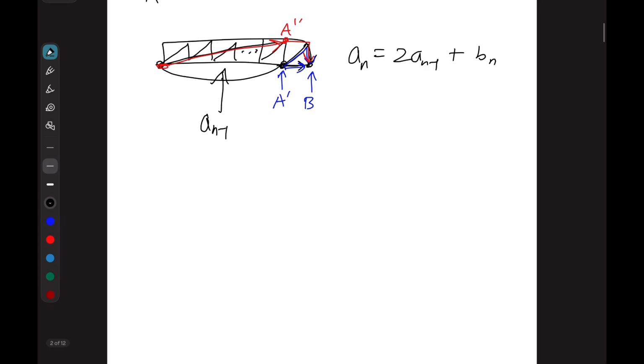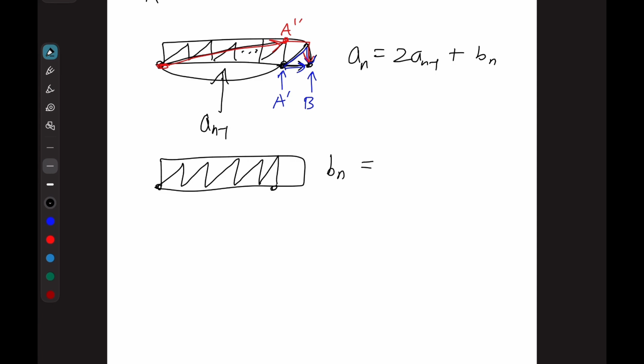Now let's do the same thing for B_n. Now, it starts from point A to point B. Now, B_n. There's exactly just one way to go. If we go down, then it will become A_n, since it's starting from this red point and ending at this red point.